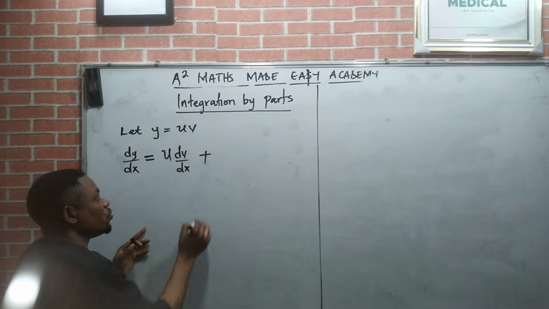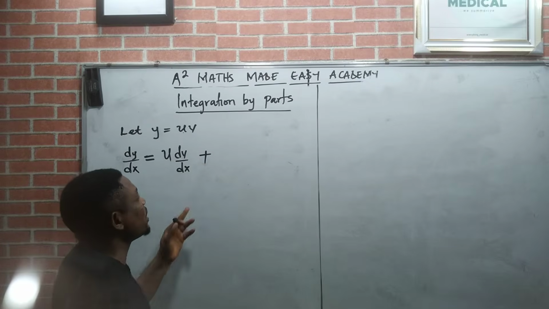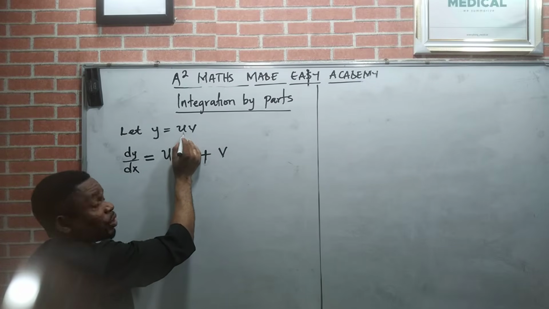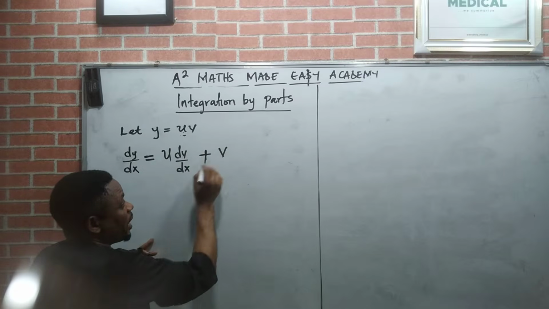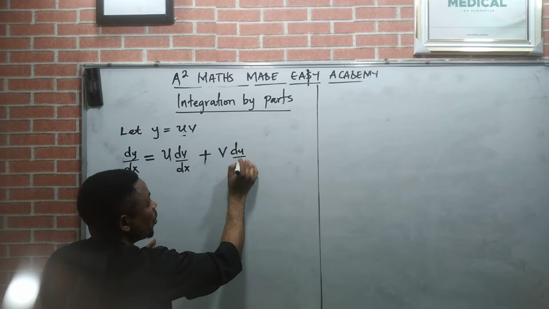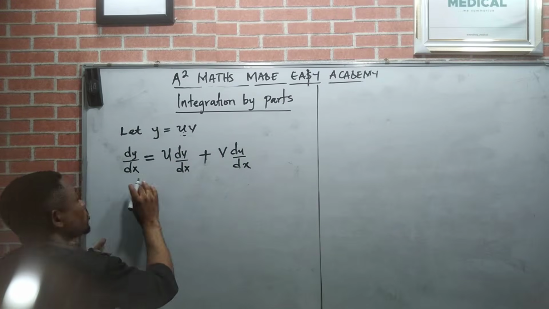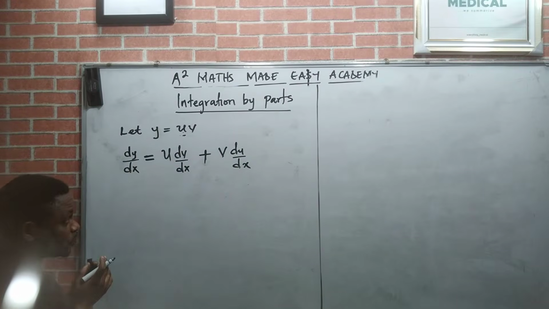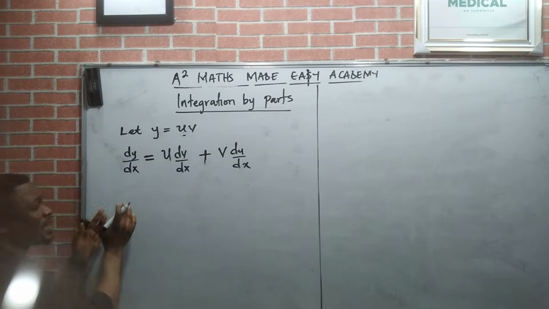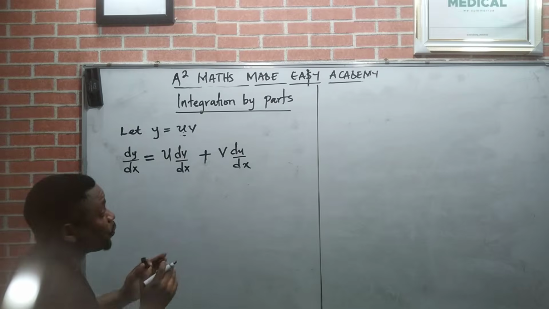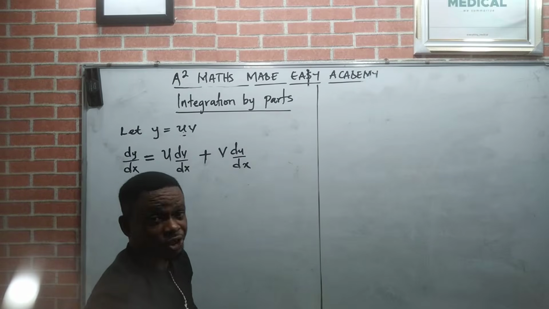Then the product goes with addition. Next, I will put v constant and differentiate u with respect to x. It will give me v du over dx. This is what we call the formula for differentiation by the product rule. But why am I stating this particular formula? It is because we want to use it to prove the general formula for integration by parts.